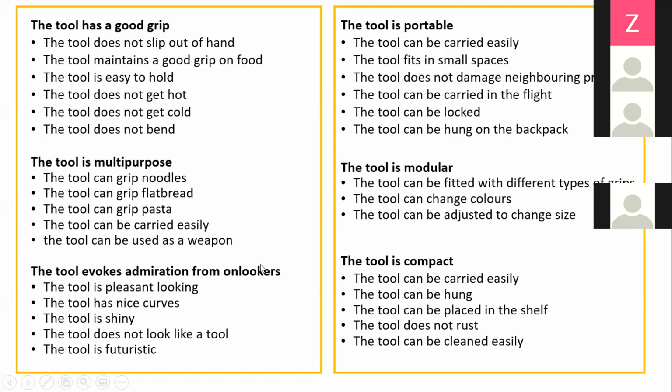So you can maybe read the rest of these. I will not read them out individually, but there are various user needs that I have been able to identify by talking to people who work in the food department, or who probably use these tongs generally at home quite a lot.